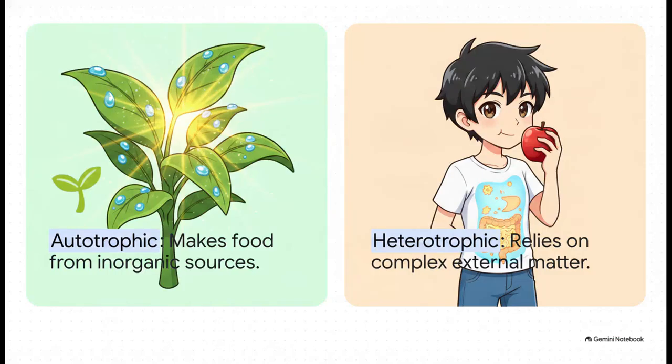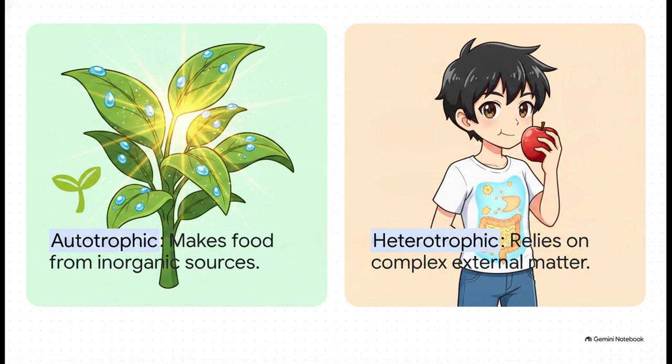So, when we talk about nutrition, which is just the specific process of grabbing the food you need for nourishment, energy, growth, and repair, organisms basically fall into two main camps. Because you gotta secure the fuel before you can do anything else, right? On one side, we have autotrophic nutrition. This is where organisms like green plants and certain bacteria literally make their own food from scratch using super basic inorganic sources like carbon dioxide and water.